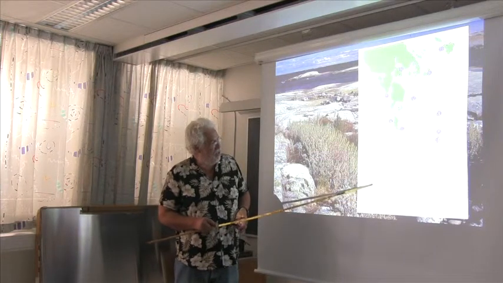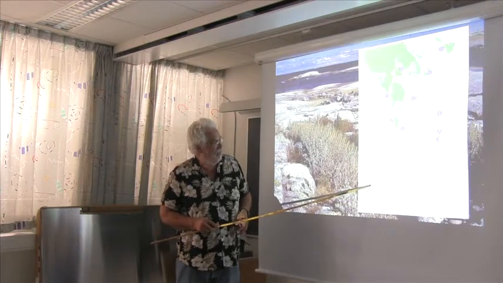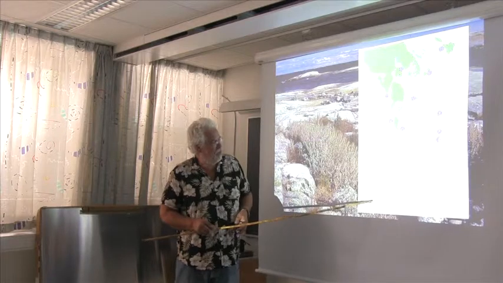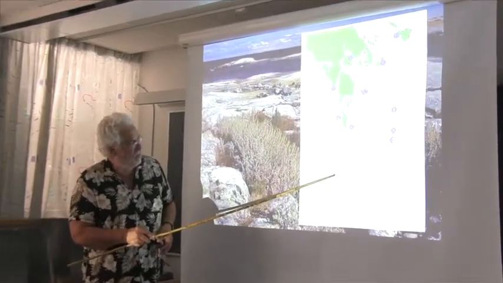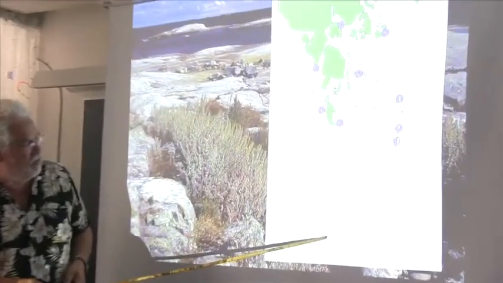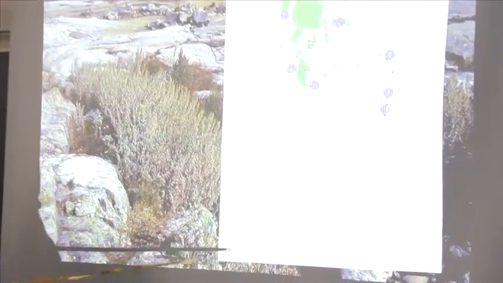Those that are close to each other here are very similar to each other, and those that are very far from each other, like up here, this one is quite different from all the others. And these three are different from all the others. You understand what I'm talking about?